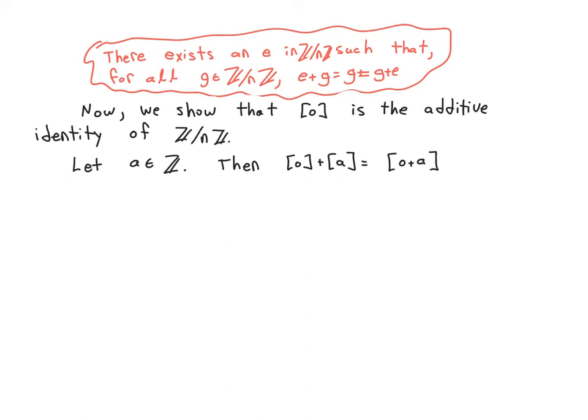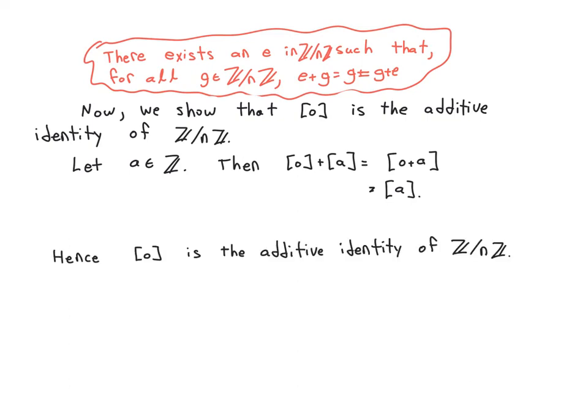Then we just do the calculation. 0 plus the equivalence class of A is the equivalence class of 0 plus A, which is just the equivalence class of A. Oh, look, that's exactly what we wanted to show. So we can write down, hence, the equivalence class of 0 is the additive identity of Z mod NZ.